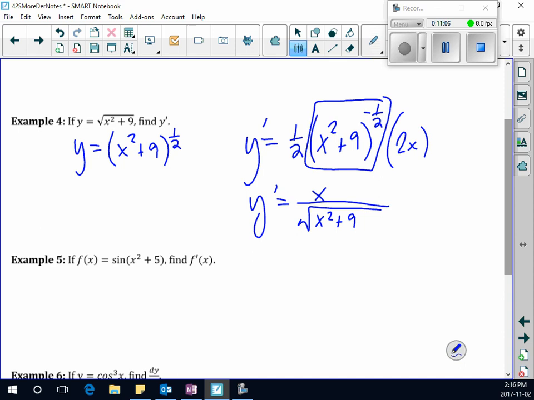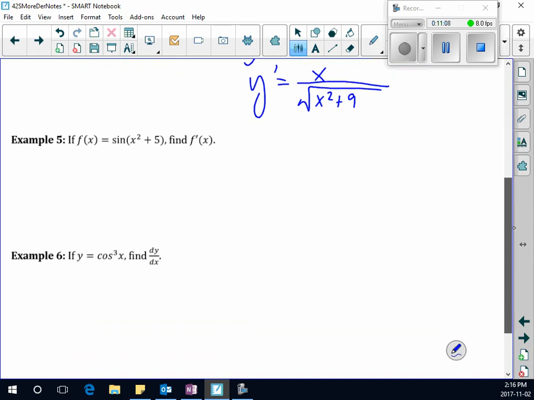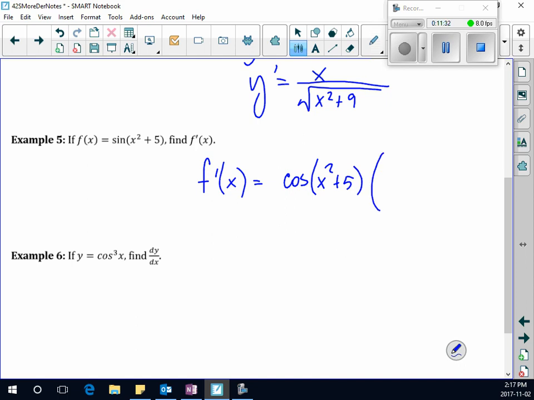Yeah. Okay, next one. You guys want to try this one? Is it pretty obvious what the inside function is? Yes. Okay, I'll give you a moment to figure it out, and then we'll go over it. f prime of x, the derivative of sine is cos of the same thing times the derivative of the inside, which would be 2x.